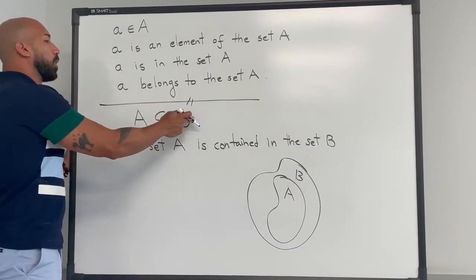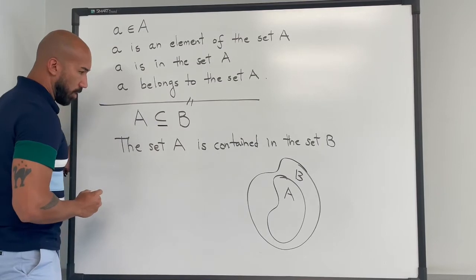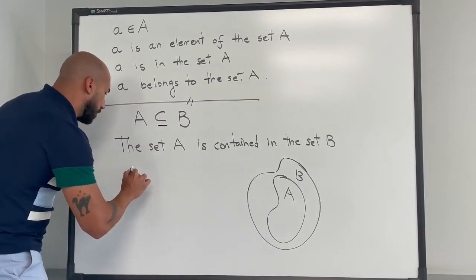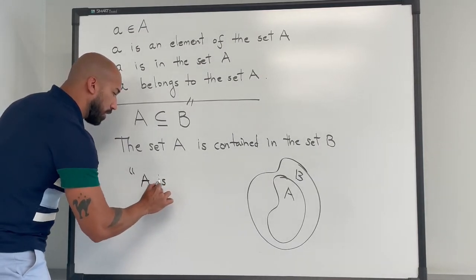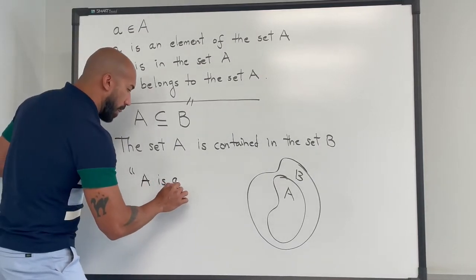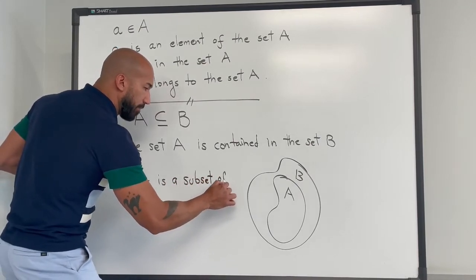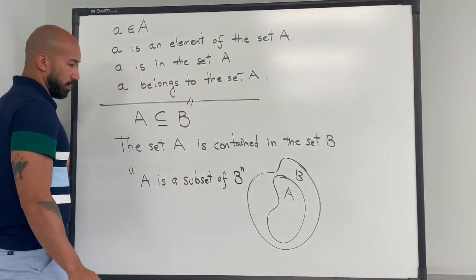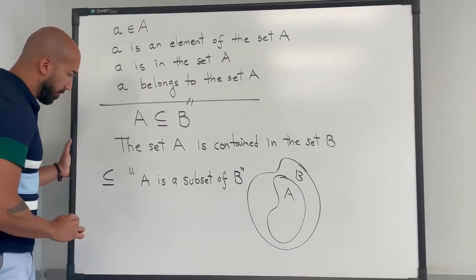There is at least one element that is in B, but not in A. So, we usually refer to this relation as A is a subset of B, and is when we are using this symbol here.